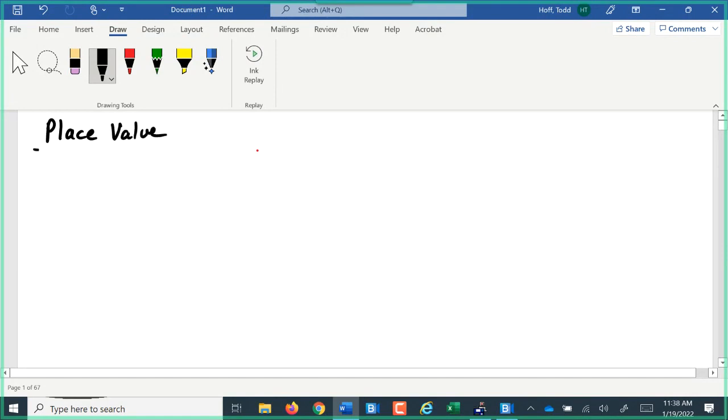I know you've all seen place values before and you know what they all are, so we'll make the review portion of this really quick. I'm looking at the number starting at the decimal point, working my way backwards. Of course, we know that first place value is the ones, tens, and then hundreds. Those are actually the only three place values we have.